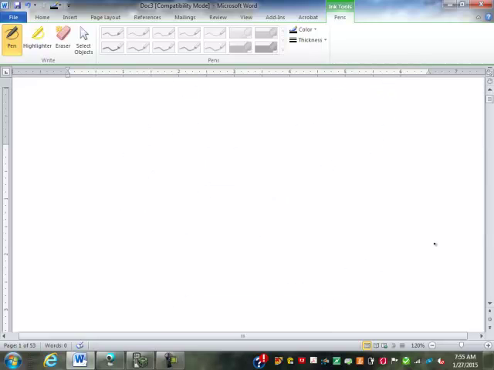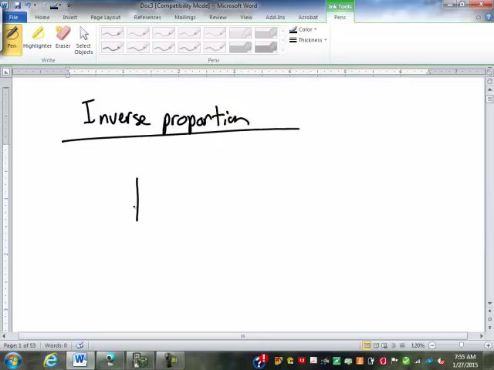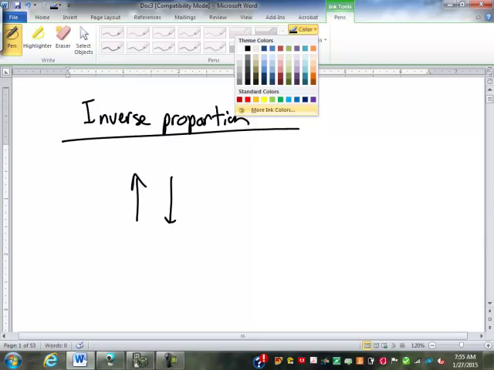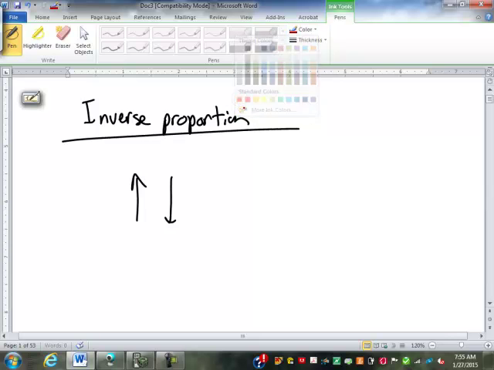What we're going to look at today is something called an inverse proportion. In an inverse proportion, when one number gets larger, the other has to get smaller in a related manner. For example, in electricity, your voltage is equal to your current times your resistance.